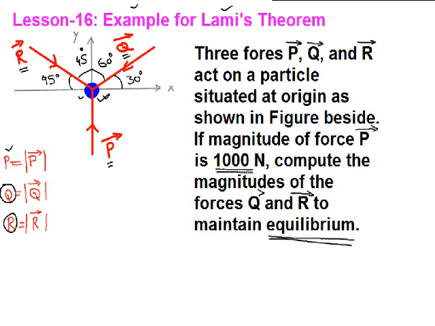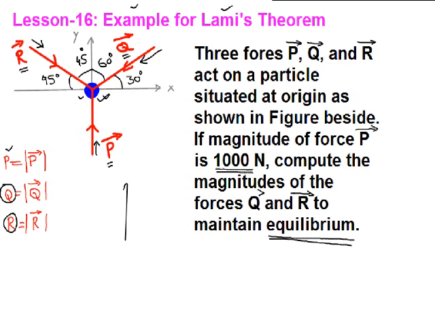However, note one small detail. The detail is that in this example, the force Q bar is directed towards the particle. Similarly, the force R bar is directed towards the particle, and force P bar is directed towards the particle. Whereas for application of Lami's theorem, we would want that the forces be directed away from the particle.